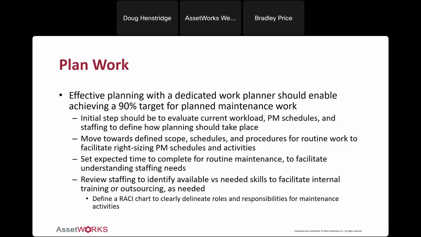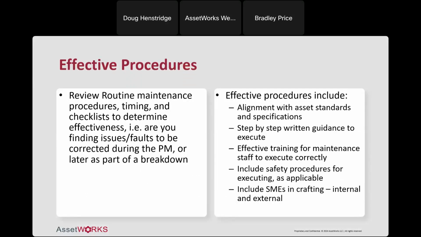Another key element here will be making sure you have effective procedures in place. And procedures should be reviewed frequently, right? Is our schedule right? Is our timing right? Are the checklists appropriate? Are we finding faults during PMs that can be corrected, or are we being surprised by equipment breaking down?